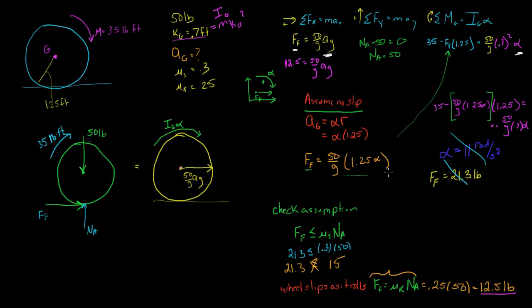And just using this frictional force, our acceleration of g is going to be equal to 8.05 feet per second squared. And for completeness, we can go back and solve this expression right up here for alpha, and we get an angular acceleration equal to 25.5 radians per second squared.